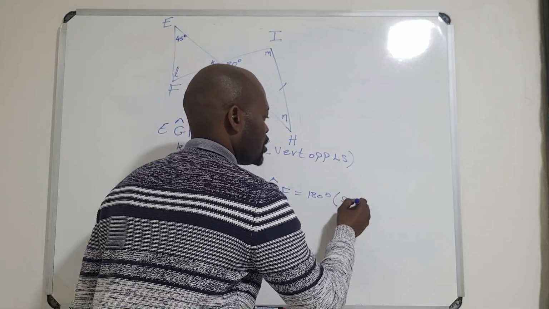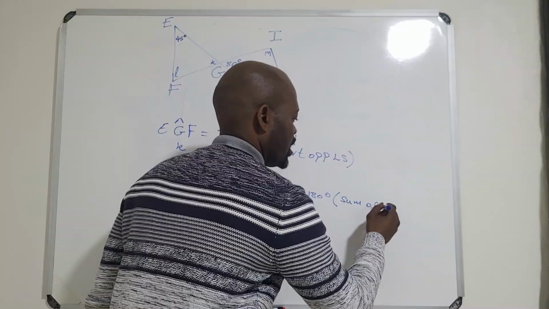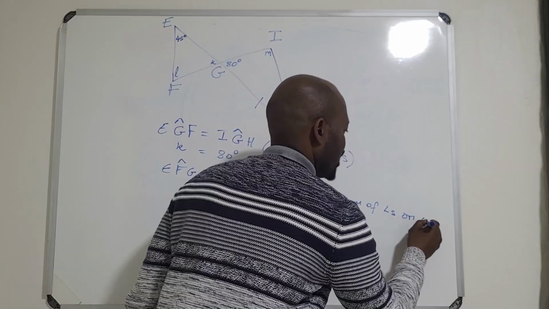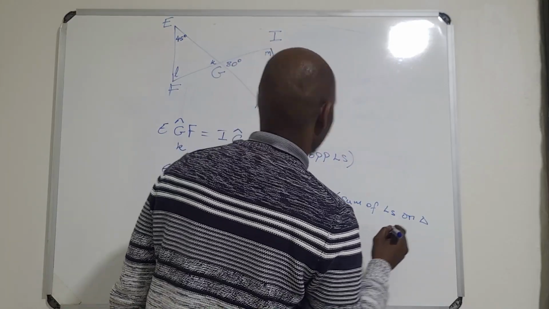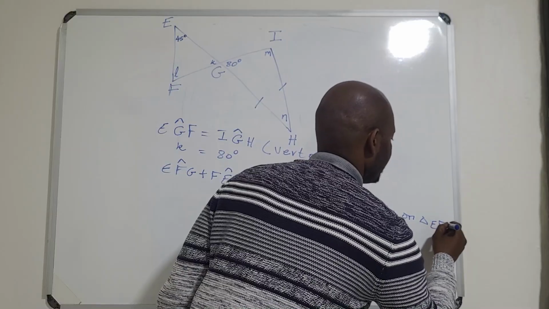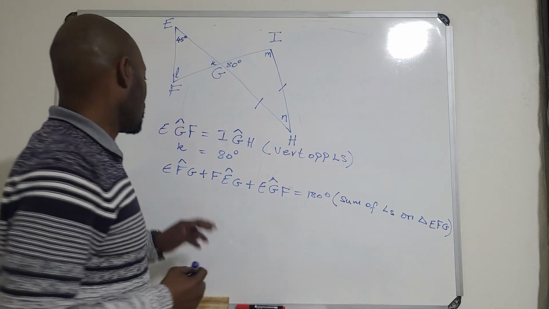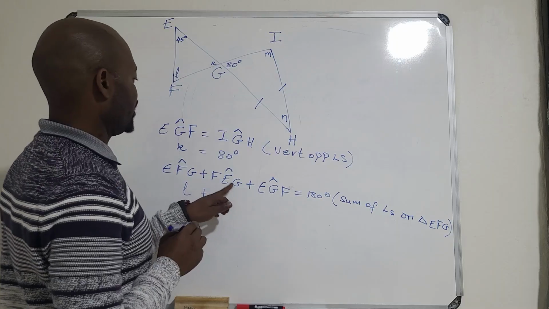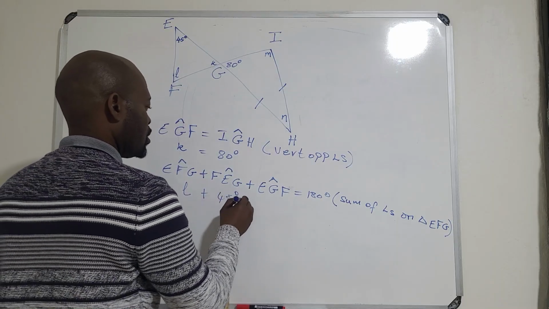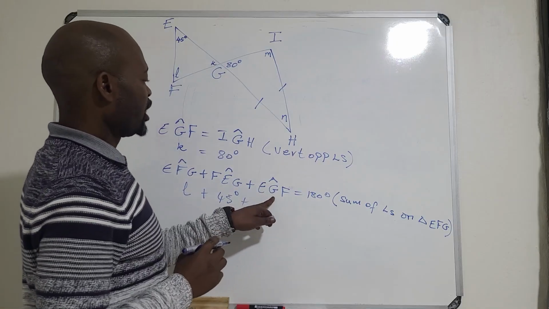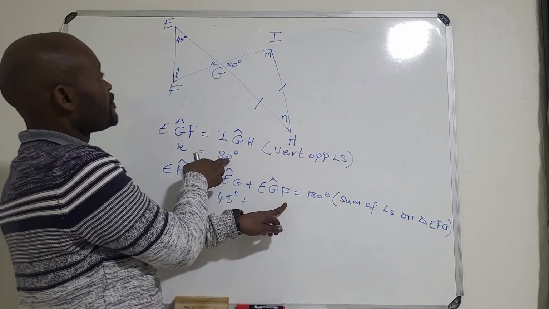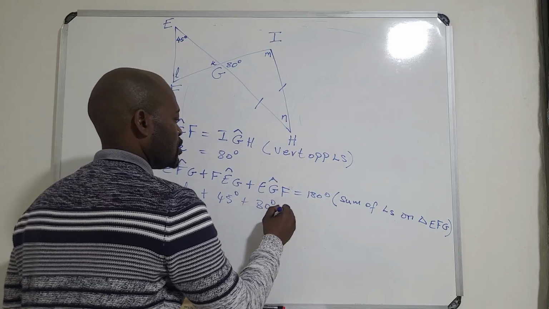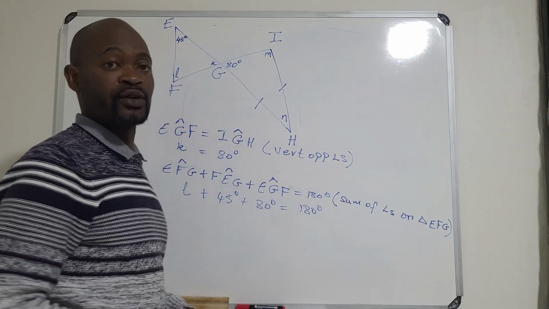Reason: sum of angles on triangle EFG. Now, angle EFG is L, plus angle FEG is 45 degrees, plus angle EGF. We know that angle EGF is K, therefore we are going to put 80, which is equal to 180 degrees.